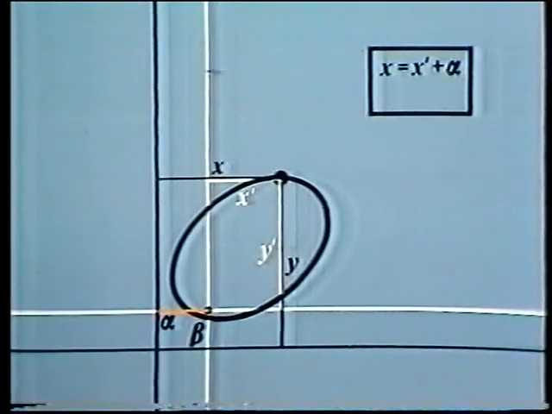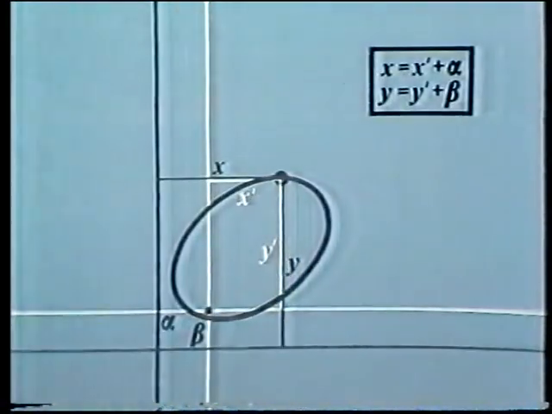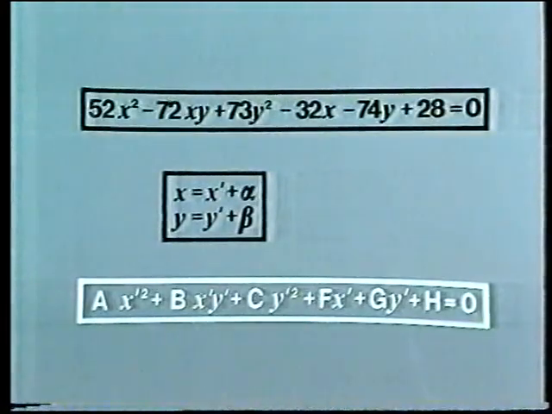And similarly, y equals y dashed plus beta. So to get to the new equation, we take the old one and write x dashed plus alpha for x and y dashed plus beta for y.